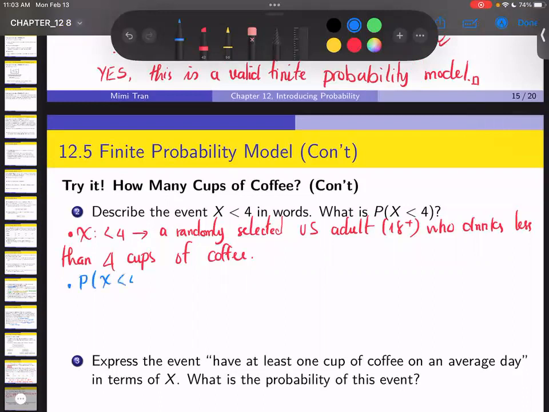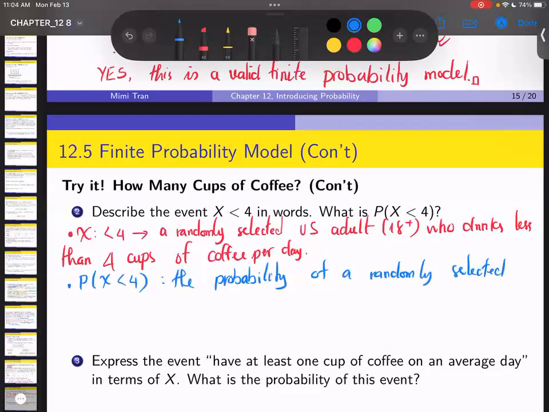P of X less than 4 is the probability of a randomly selected US adult, 18 plus, who drinks less than 4 cups of coffee per day.